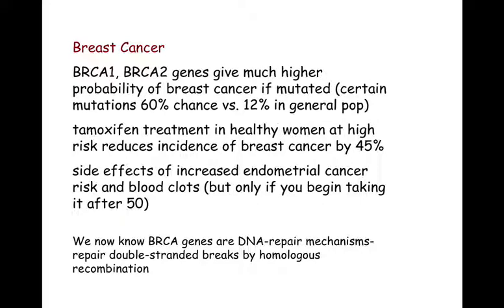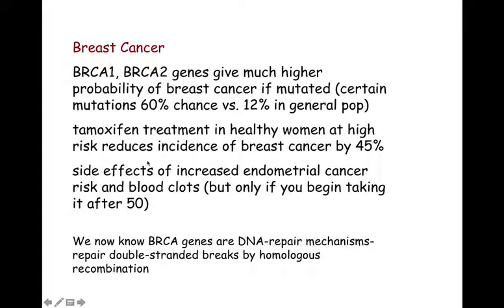There have been some studies where they used chemotherapy on healthy women, women who don't have breast cancer but have these risk factor genes, and it reduced their incidence of breast cancer by 45%. But these are not happy drugs.